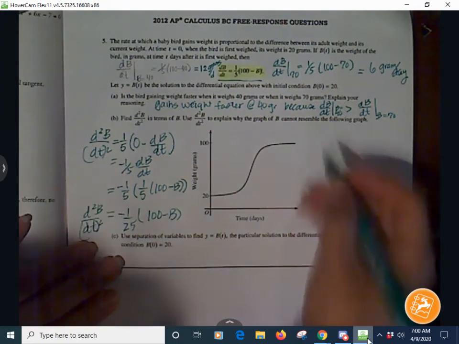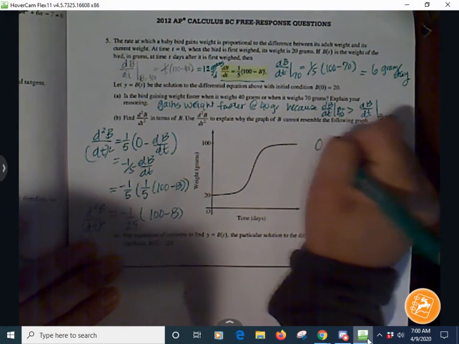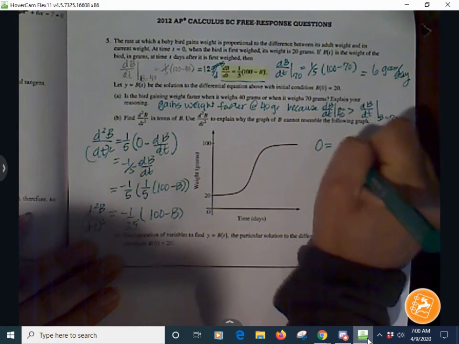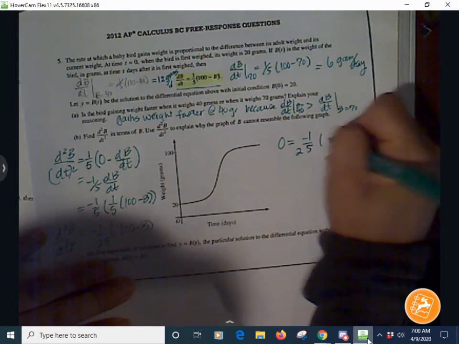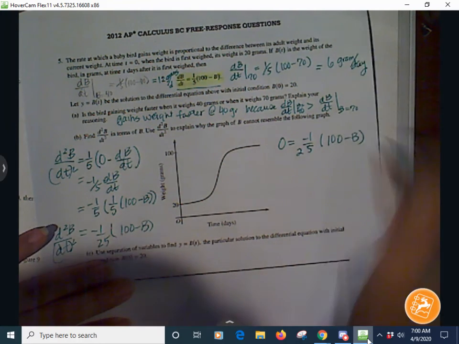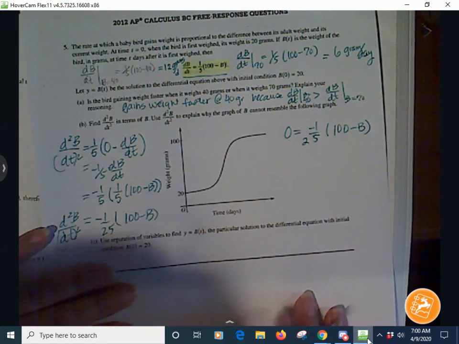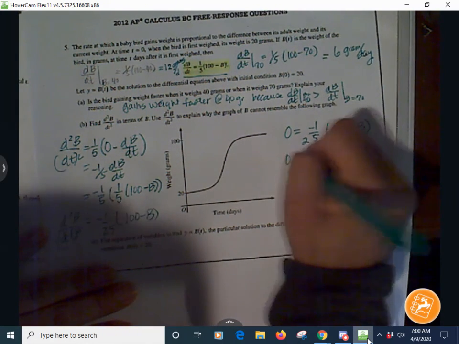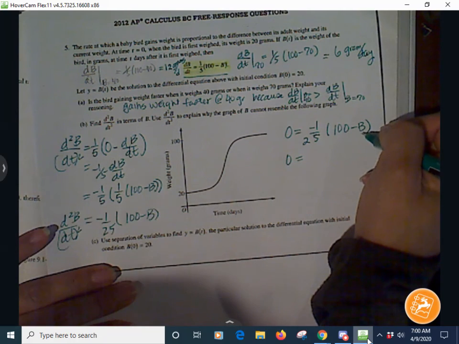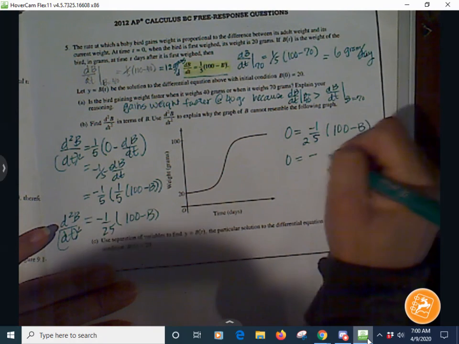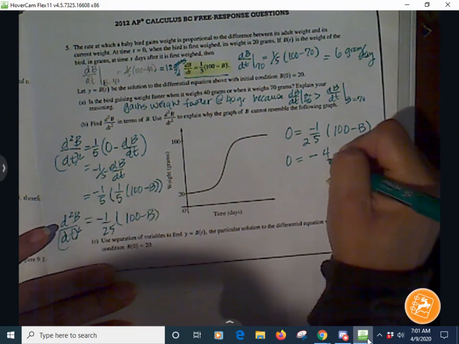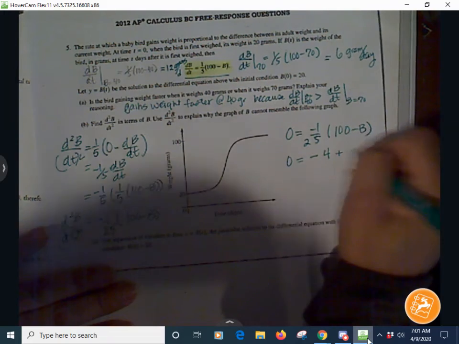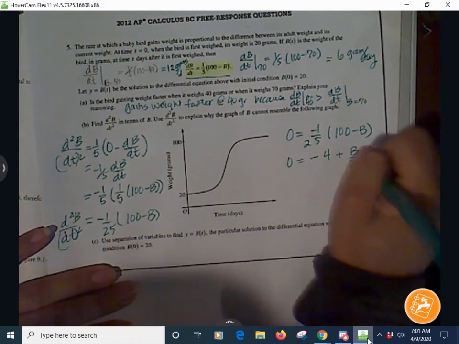All right, so then I'm going to go, 0 is equal to negative 1/25 of 100 minus B. So I'll look at 0 is equal to, what is that? Negative 4 plus B over 25.